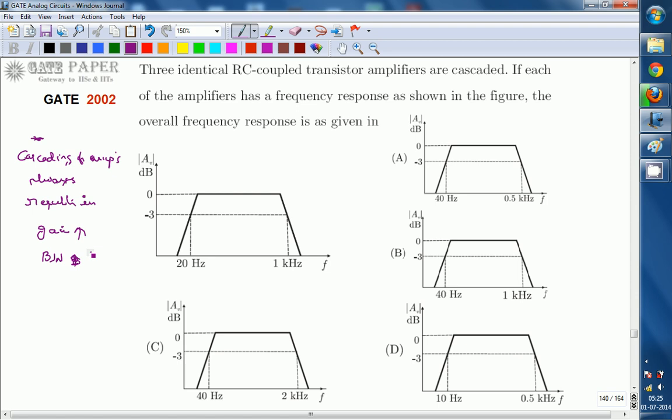So whenever amplifiers are cascaded, gain increases and bandwidth reduces.